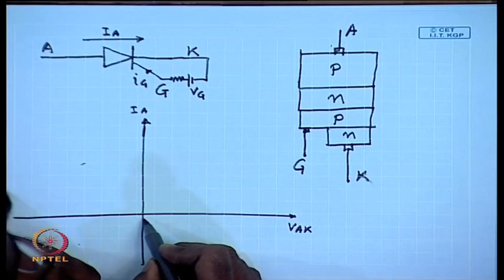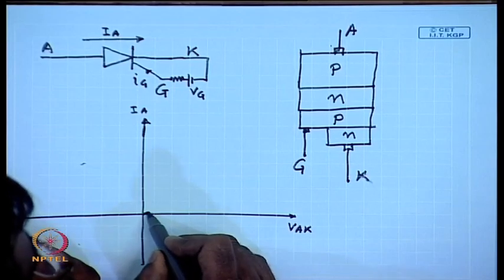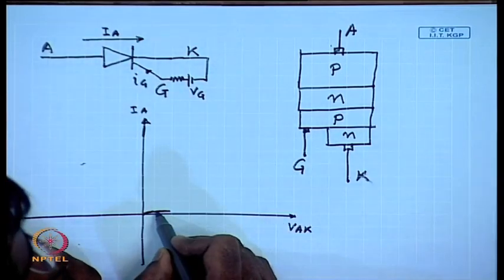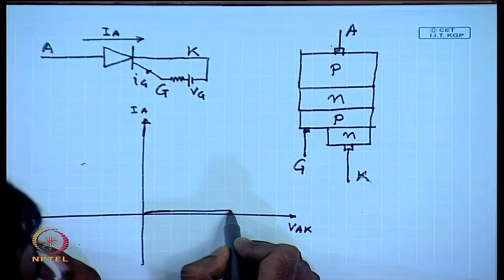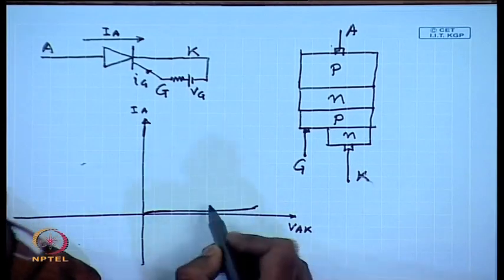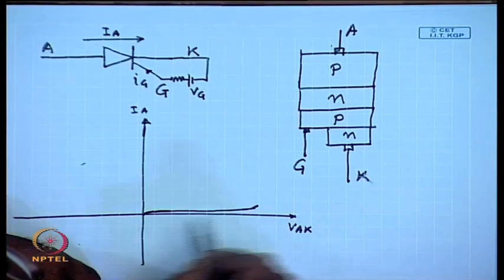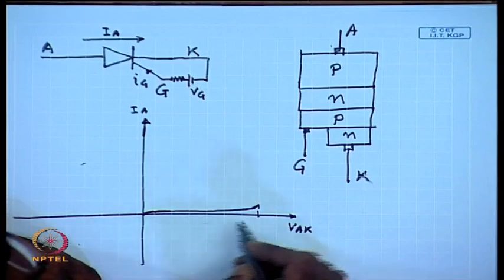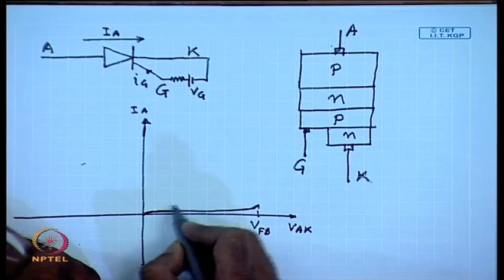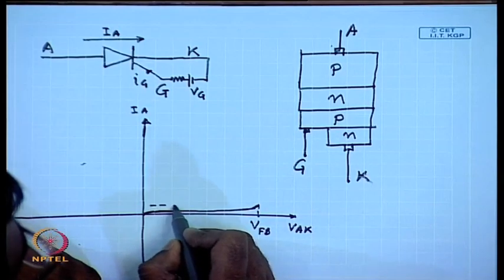As you keep on applying forward voltage, the device conducts very little current if there is no gate current. Up to then, once it reaches certain maximum voltage called the forward breakdown voltage, then the device turns on.